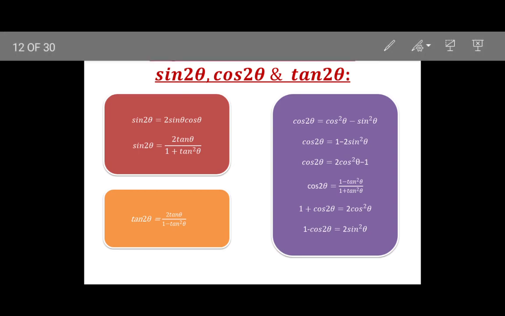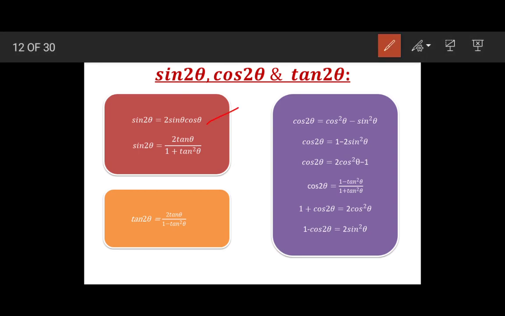One is sin 2 theta is equal to 2 sin theta into cos theta, and the second is sin 2 theta in terms of tan theta, which will be 2 tan theta upon 1 plus tan square theta. So for sin 2 theta we have two formulas, one in terms of sin theta and cos theta, and the other in terms of tan theta.